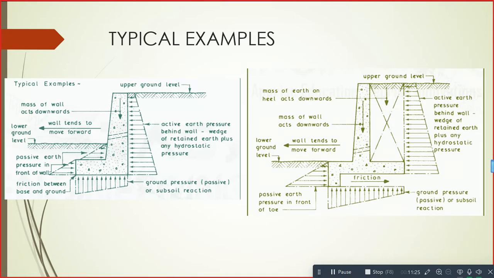As you can see, we have the active earth pressure behind the wall, that is the wedge of retained earth plus any hydrostatic pressure. We have the ground pressure of the subsoil reactions. We have friction between the base and the ground. Then we have passive earth pressures in front of the wall.